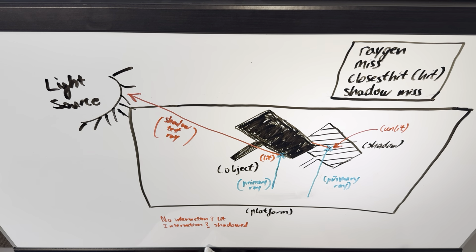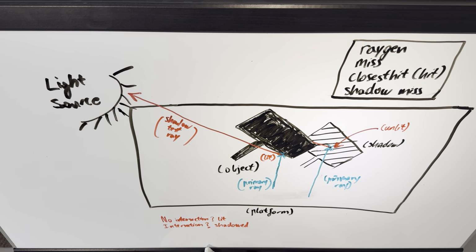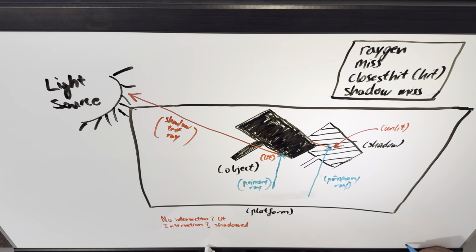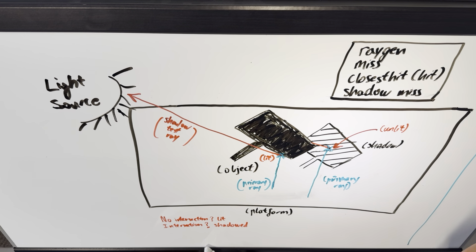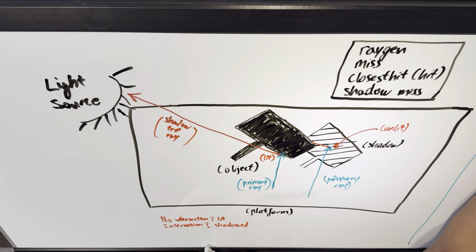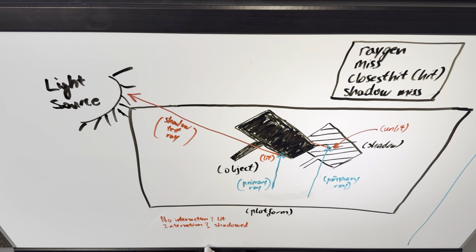For these guys, let's say I do a primary ray here. The thing with this ray is that it doesn't intersect anything.